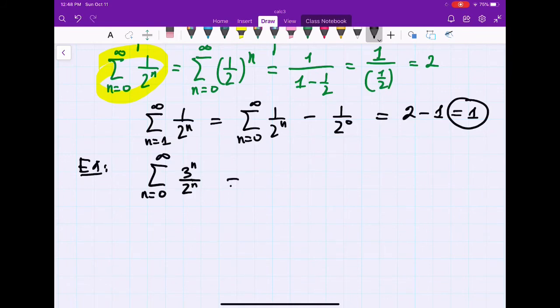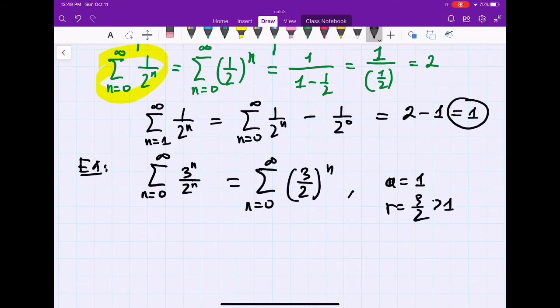You might rewrite this series as the sum of (3/2)^n, n from 0 to infinity. In this case, a is 1 and r is 3/2, which is bigger than 1. So the series diverges, because r is bigger than 1. Does that make sense?